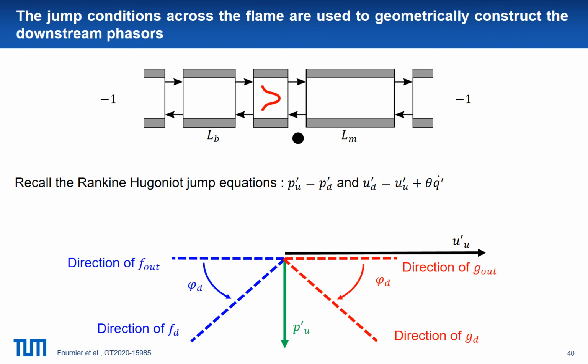At the flame, the jump conditions must be satisfied. Recall the Rankine-Hugoniot jump equations that give pressure continuity, and that the downstream velocity is equal to the upstream velocity plus the heat release. Therefore, we can use this jump condition to geometrically construct the phasors Fd and Gd downstream of the flame.